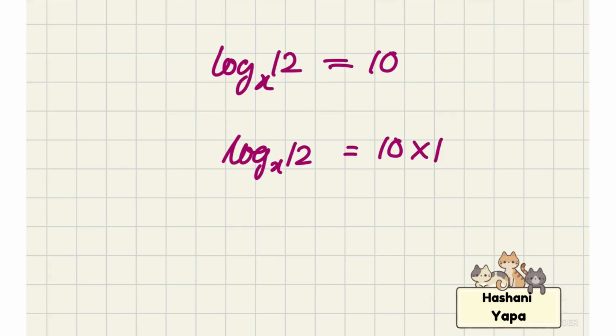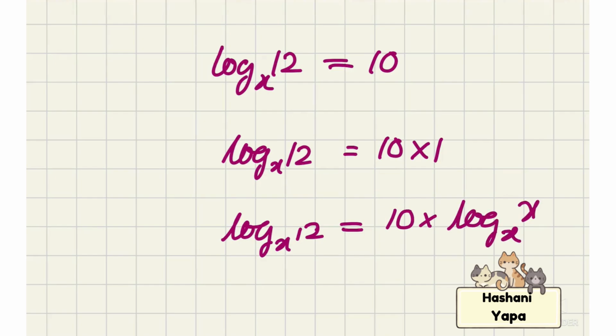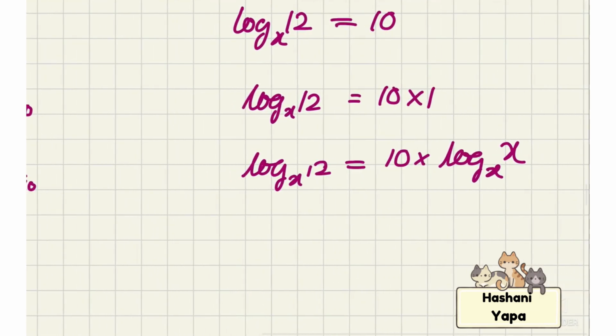Now this 1, I can write it as log_x x. I wrote this 1 in the form log_x x. So now you can see that the log_x from this side gets cancelled with the log_x here.